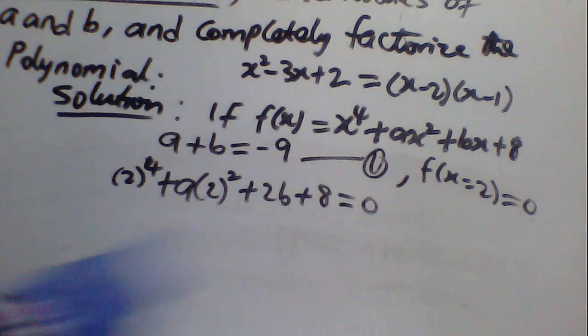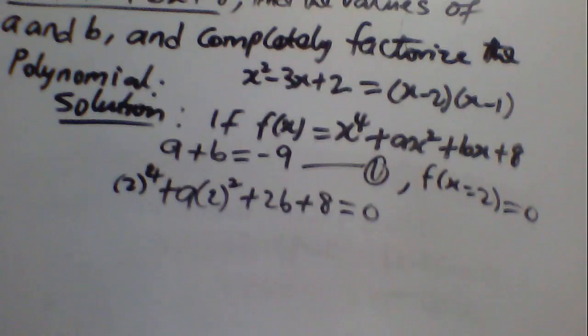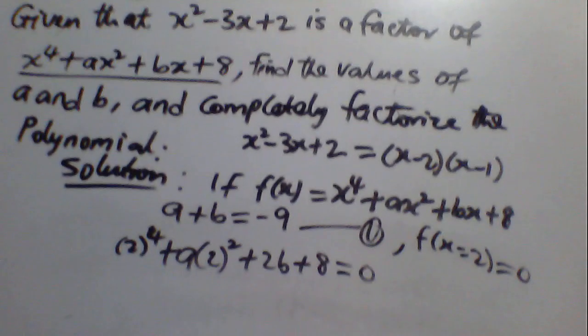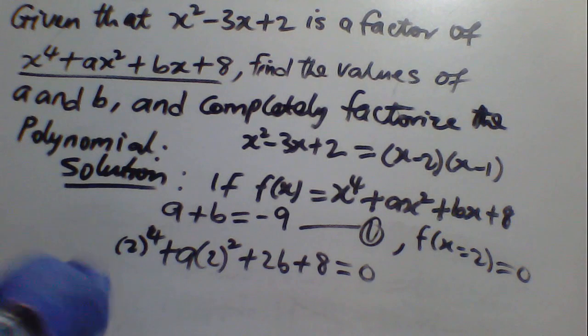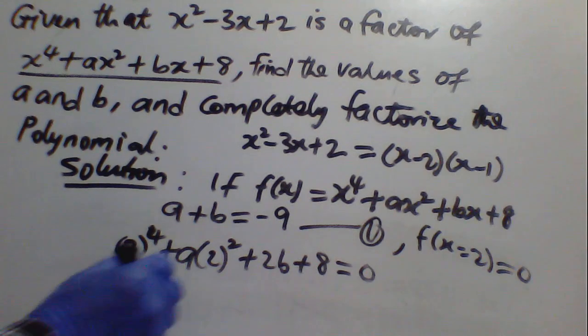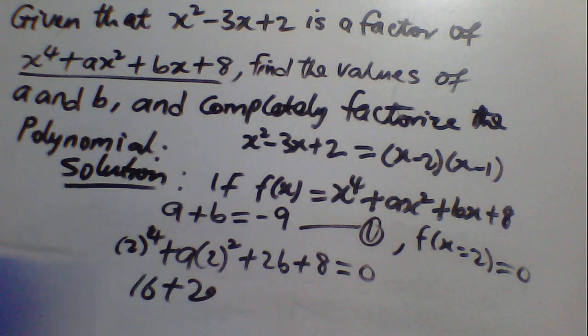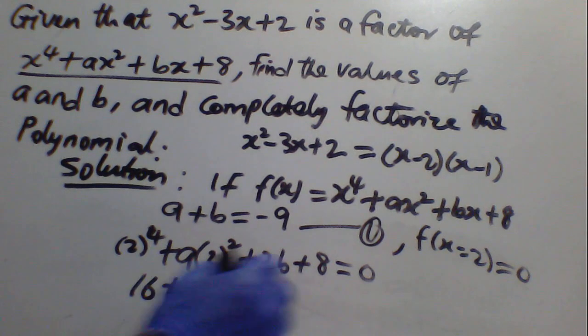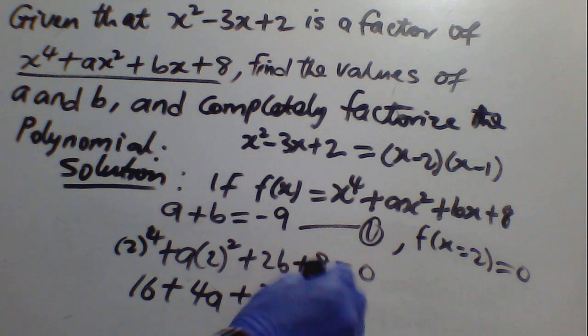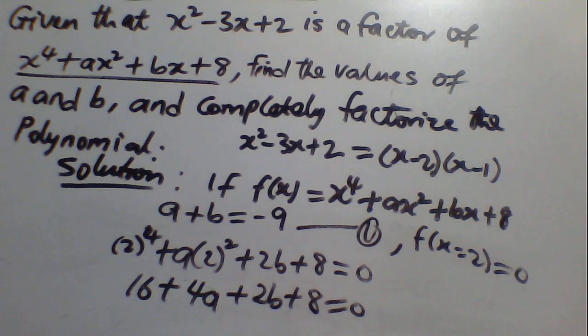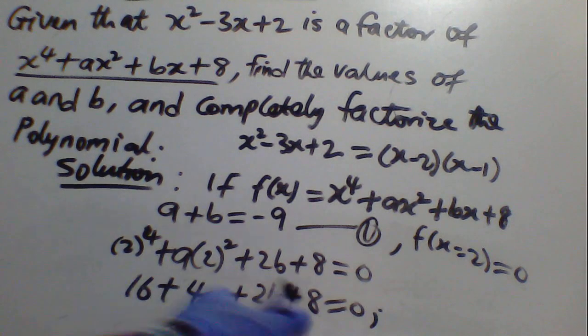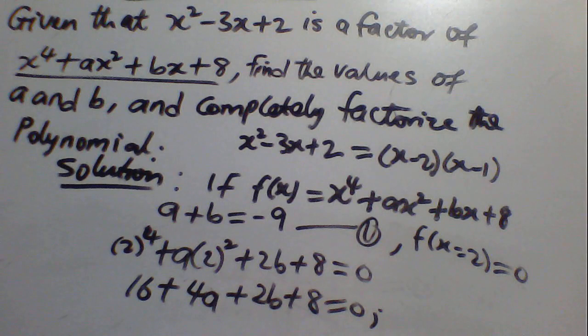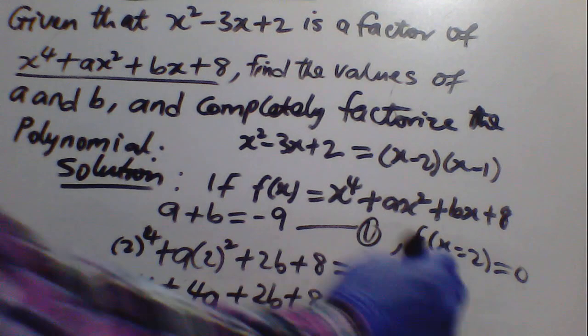The next thing you have to do is to simplify your work. So from here we have 2 raised to the power 4 is 16, plus 2 raised to the power 2 is 4, so that gives us 4a plus 2b plus 8 equals 0. From here we have 16 plus 8, which will give us 24.